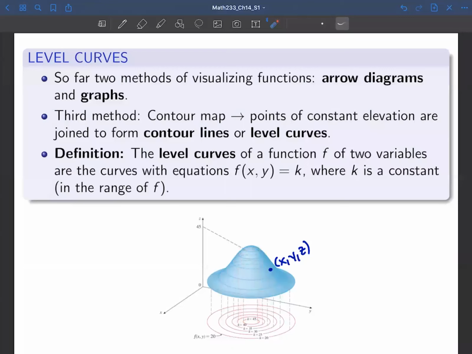So essentially this is the z in this case, and let me denote that here. So this z of all these points on that circle of the surface correspond to z equals 40, so k is equal to 40 in that case.